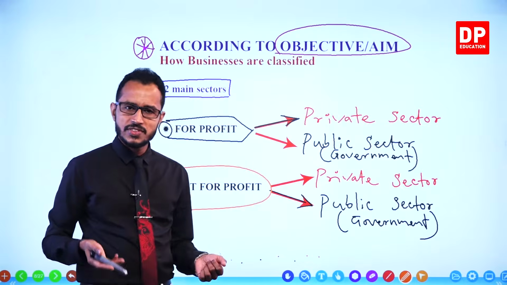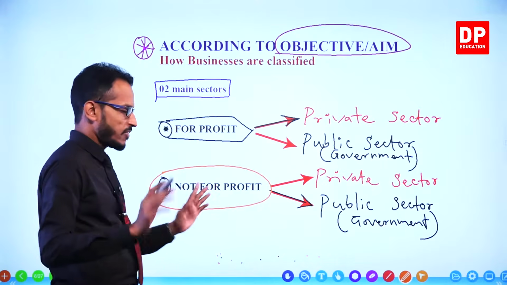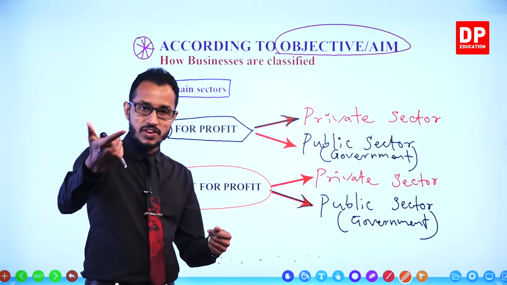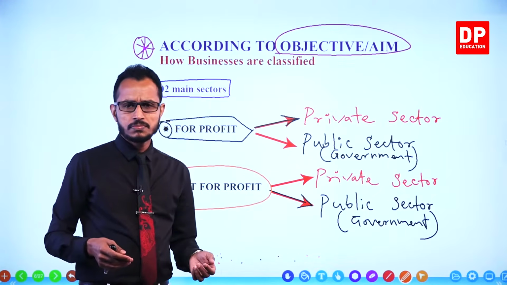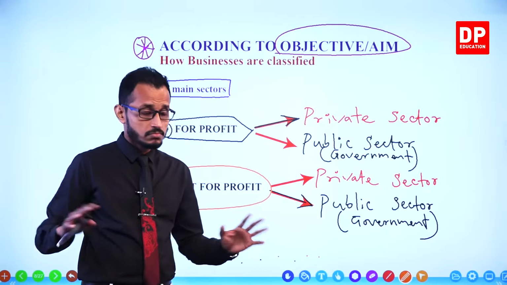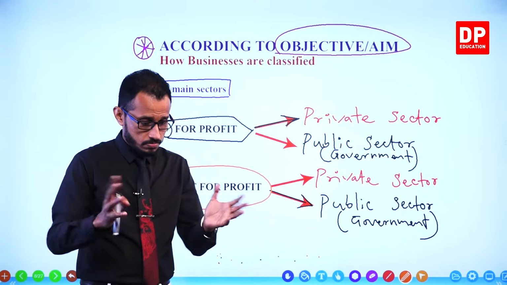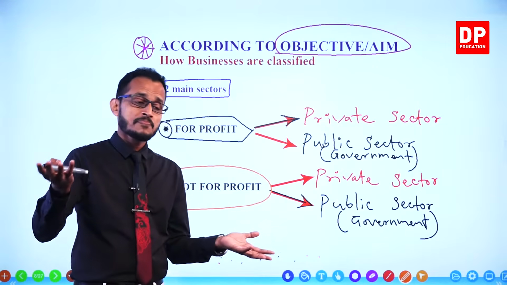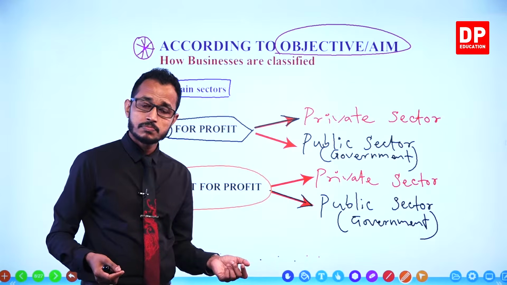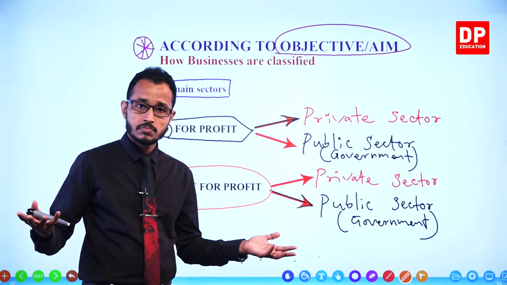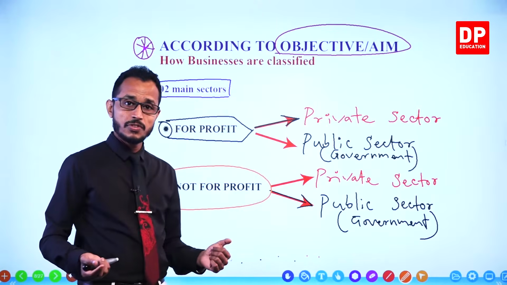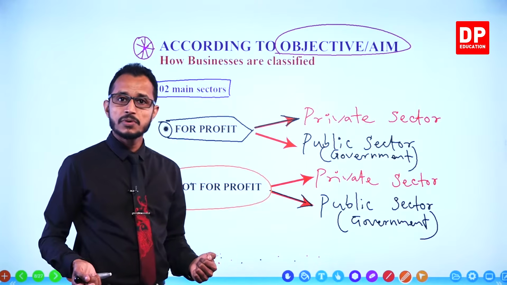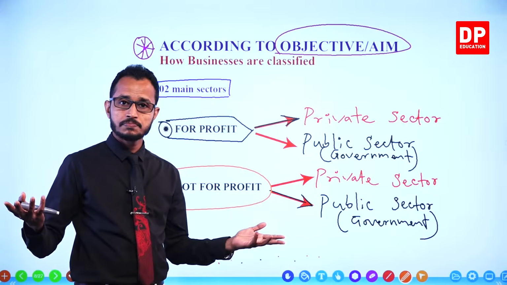If they do not have an intention to earn profits, what is their intention? Why do they form these organizations? Why do they come into business? What is their purpose?